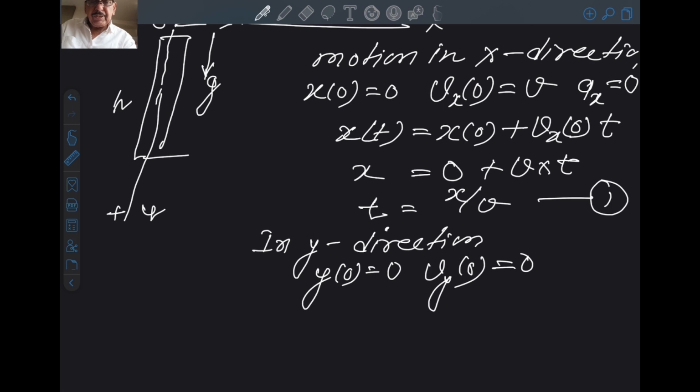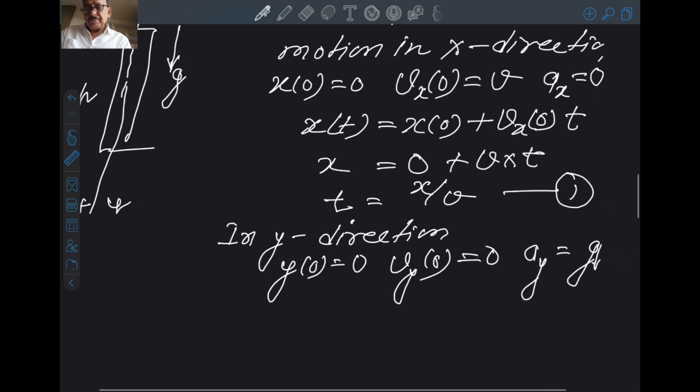But the acceleration in the y direction is g. We may be confused why ay is positive g. Why not minus? The answer is that we have taken the positive y direction downwards and the gravitational acceleration is also downward. So both are in the downward direction, so it will be positive.